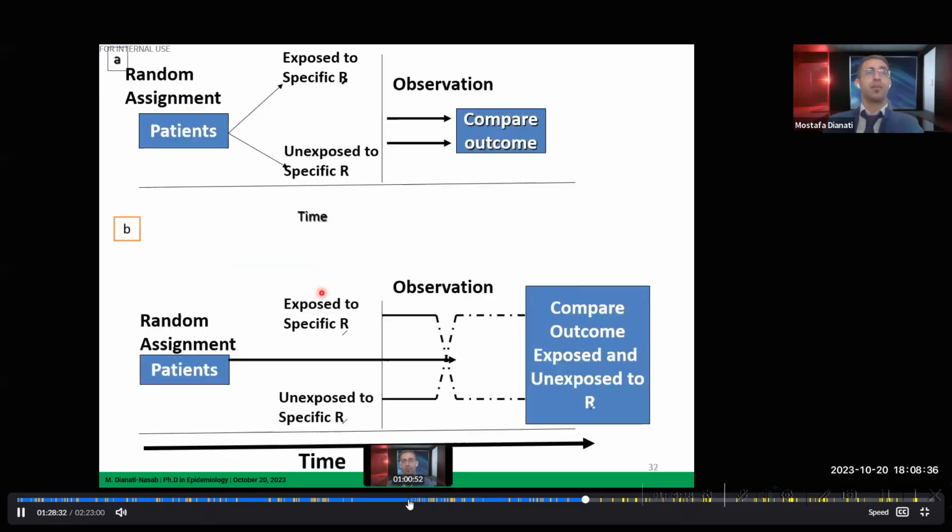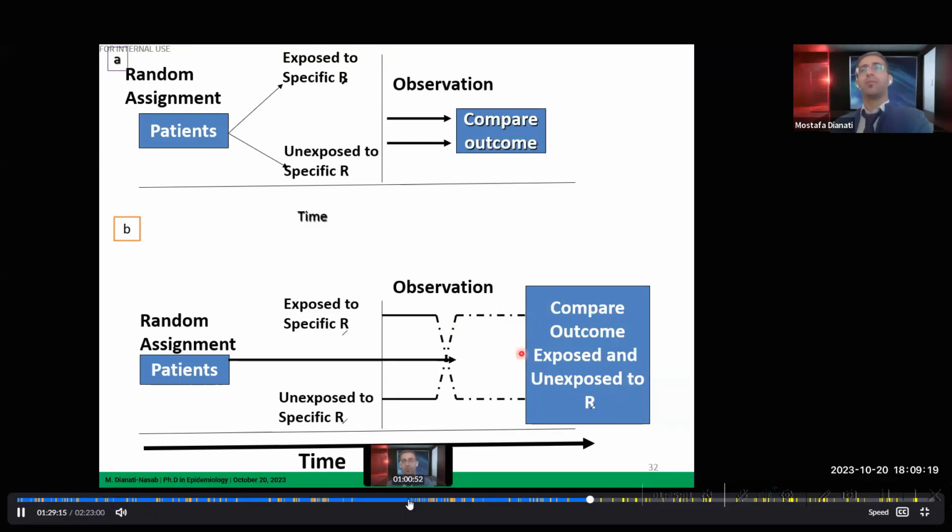And for crossover design, you have patients. Then they will start with, for example, a specific intervention like, let's change my example to vaccination. One group has exposure to this vaccine, and the other is not exposed to this kind of vaccine. Okay, after a short period of time, we will change both arms. This group will receive nothing or maybe placebo, but this group will receive vaccination.